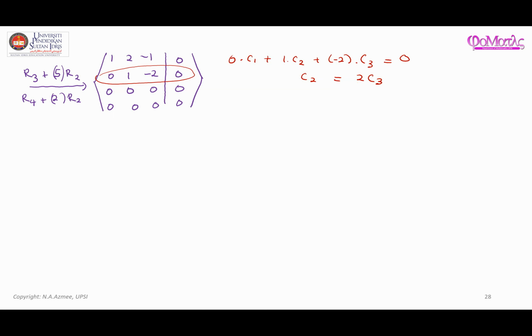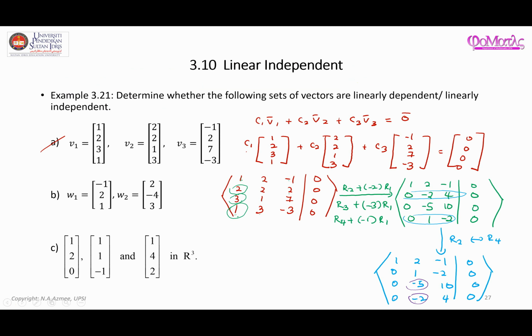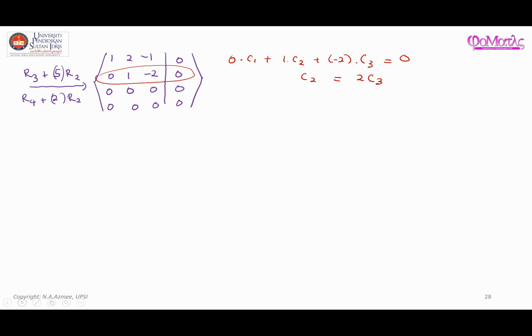Now that is the first equation. You can notice that we have two equations to be considered, but we have three variables or unknowns to be solved, and therefore we know that there will be one free variable. So in this case, we're going to let c3 equal to t, where t can actually be any real number.